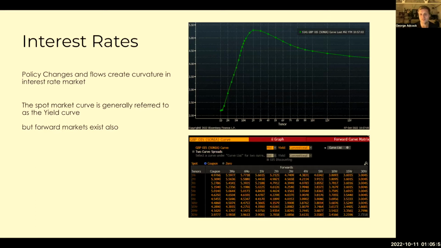And I've tried to show you this. So the top right-hand curve, this is all in pounds. This is where people think the Bank of England interest rate is going to be at different tenors. You see today that we're at circa 2.5%.